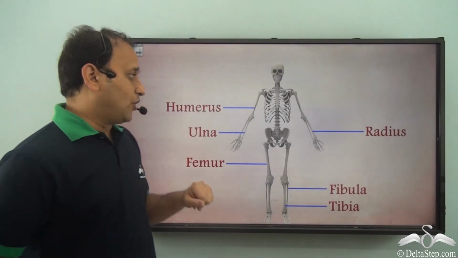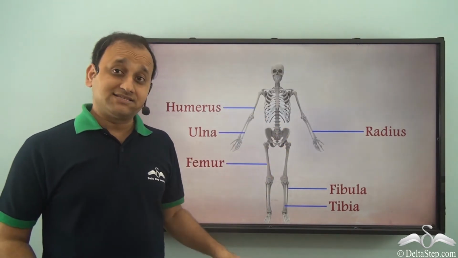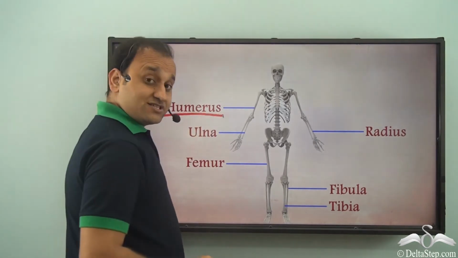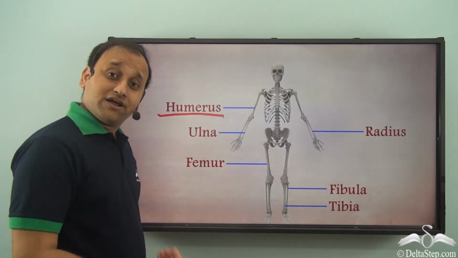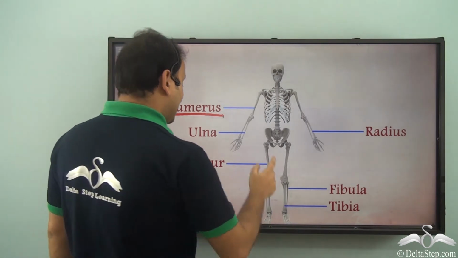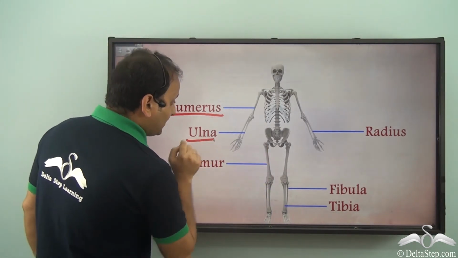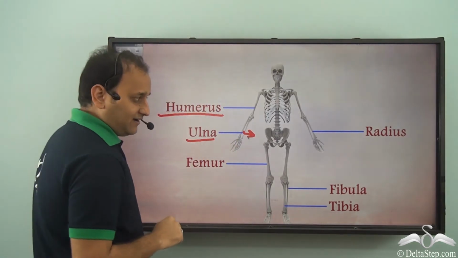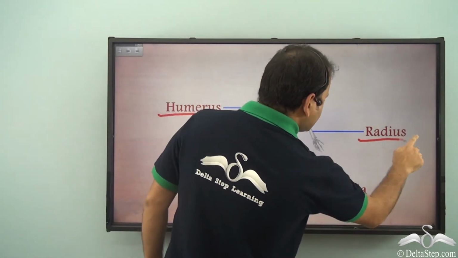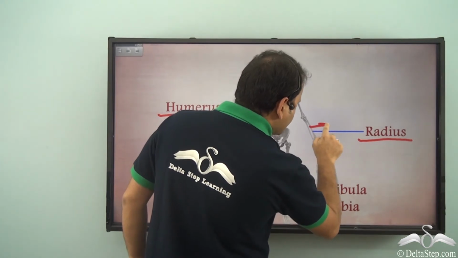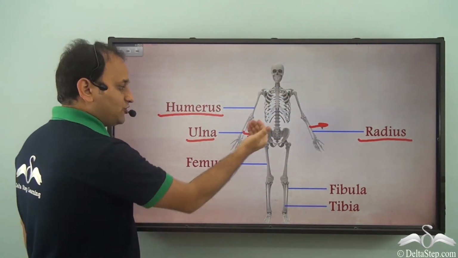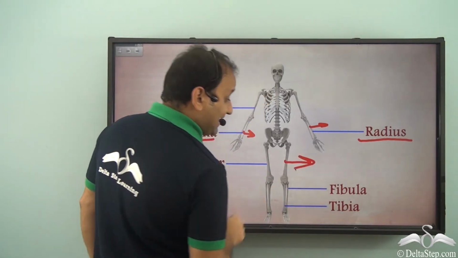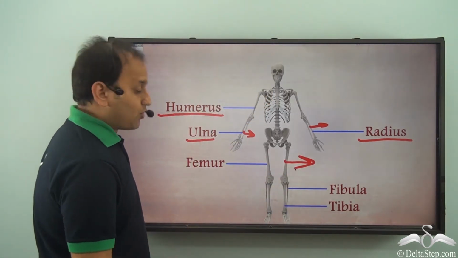So in our body, if we talk about arms and legs, the major bones are humerus, which is the largest bone in the upper body. Then we have ulna, which is the bone on the inner side of the hand. And then we have radius, bone on the outer side of the hand. And when we talk about legs, well, femur is the thigh bone and is the largest bone in the body.